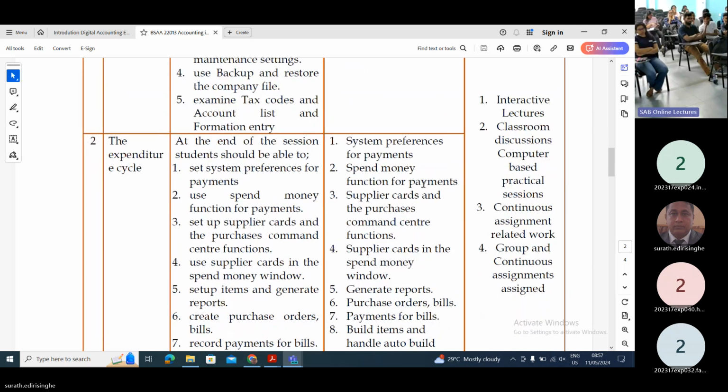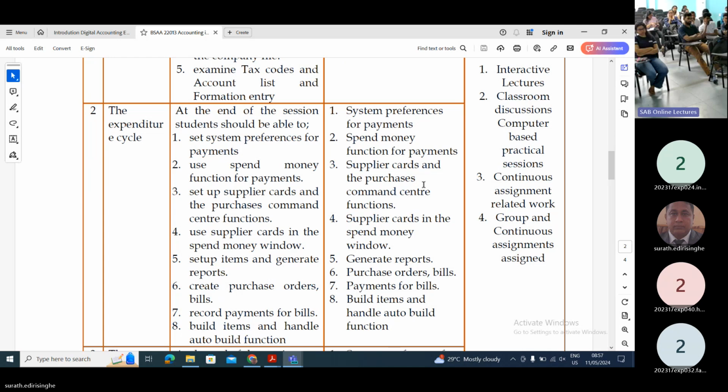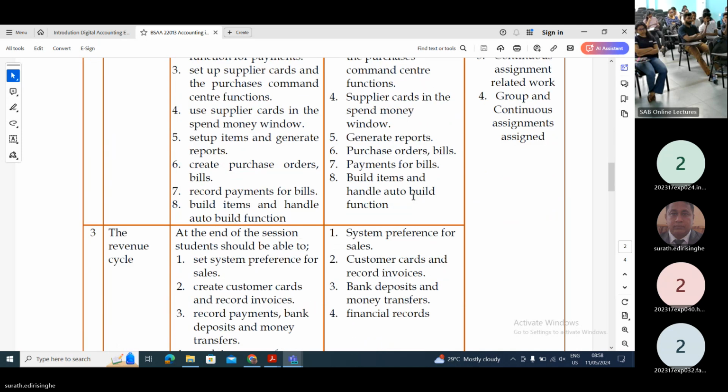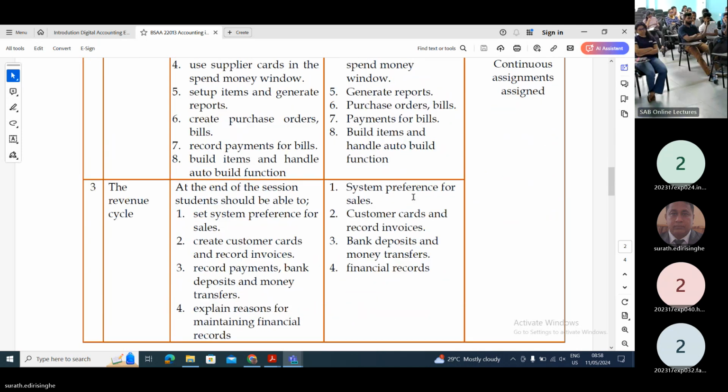System references, payment, pay money module, supplier card, purchase command center, generate report, PO, bill, payment of bill, like this. Revenue cycle, sales.